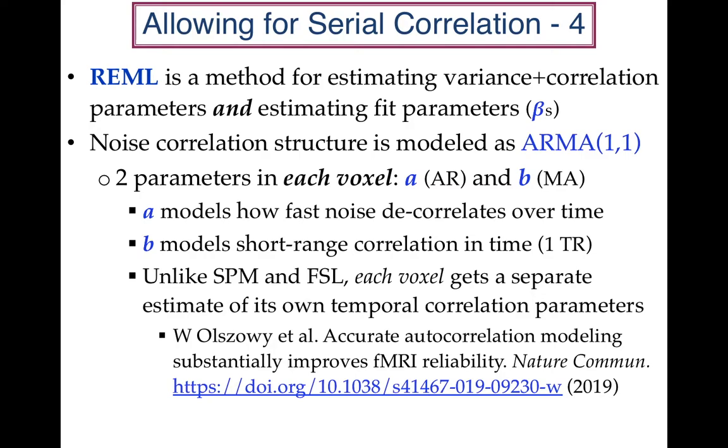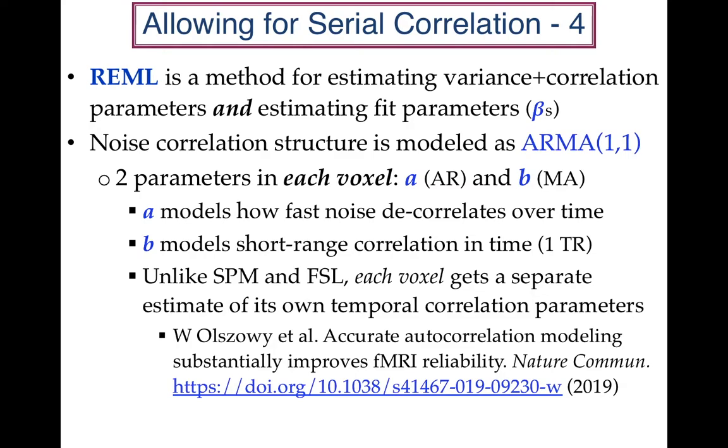A models how fast the noise decorrelates in time. There's an exponential decay. The farther apart two points are in time, that's called the lag between those points, the more they'll be decorrelated. And B models the very short range correlation in time. B essentially models the white noise floor that's added to the data, and A models the long range correlations.